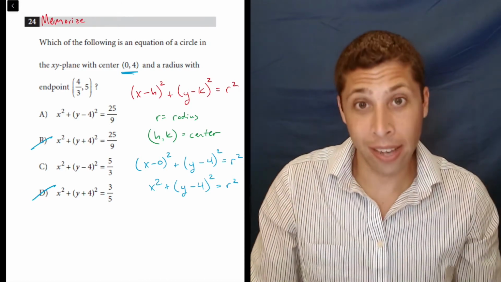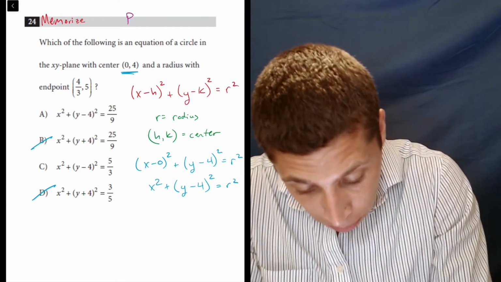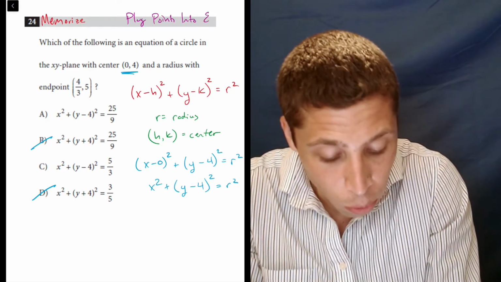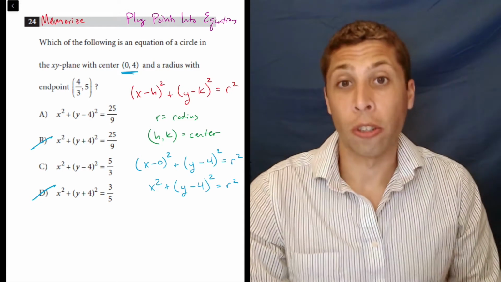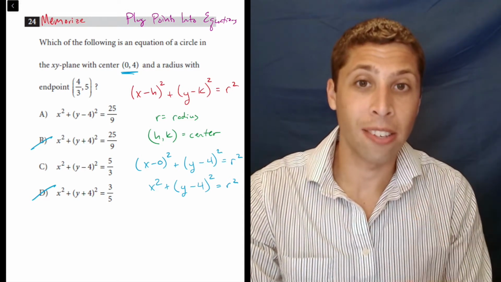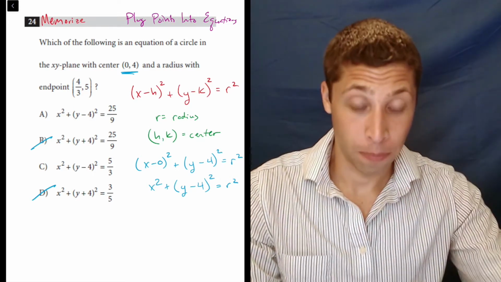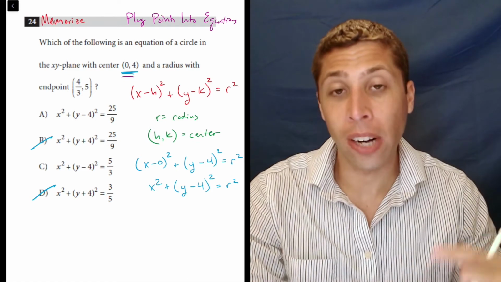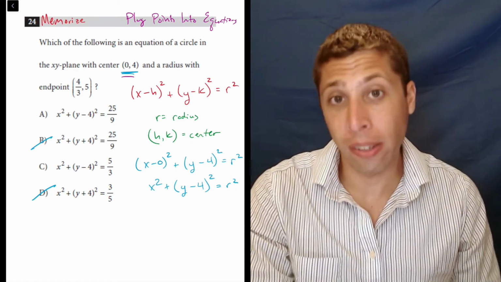What I recommend is to use one of my favorite strategies, plug points into equations. And this is especially important for circles because it also provides one of the cases where this strategy won't work. So the center, we can't plug the center point in for x and y in the equation. We won't get a valid result.